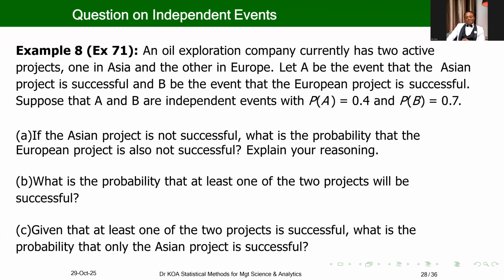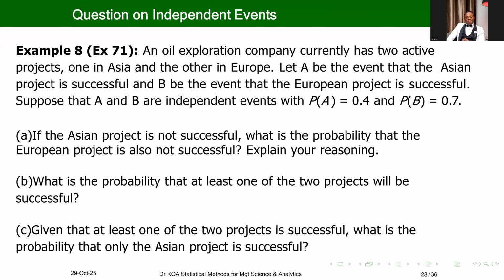First of all, he's saying that at least one of the two projects is successful. So the given part is going to be A union B. Now, what is the one before that?